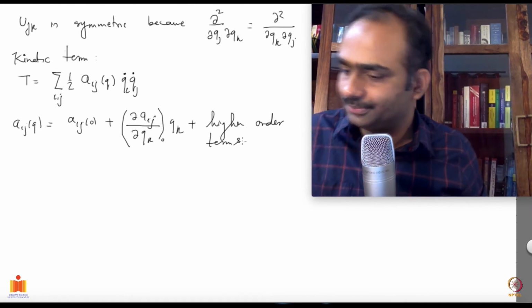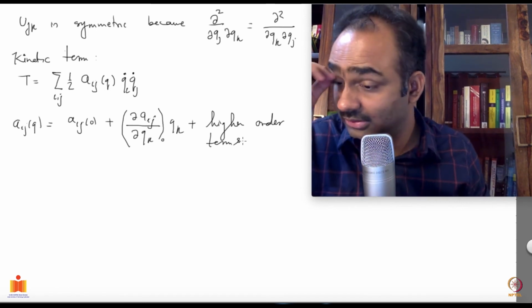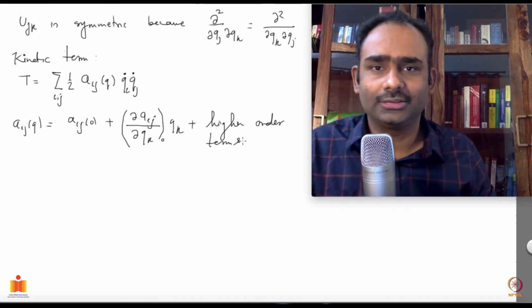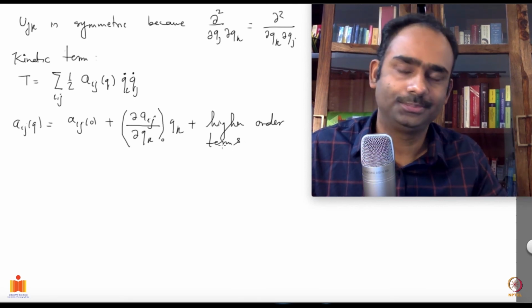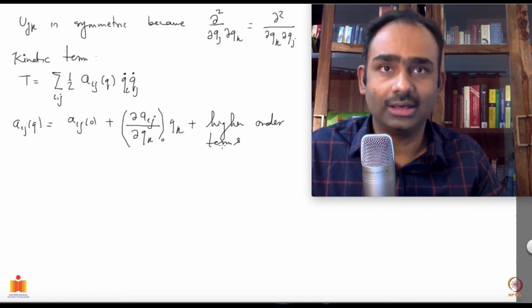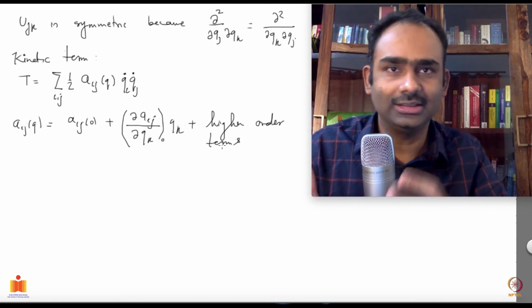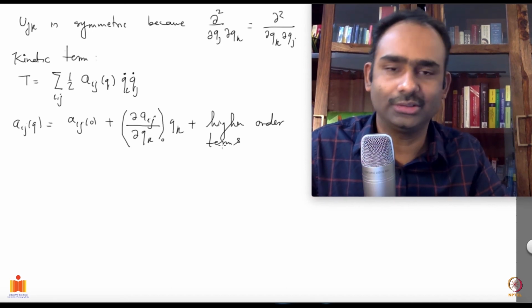Now let's look at our Euler-Lagrange equations of motion. So the Lagrangian is there, but I want to also look at the equations of motion.